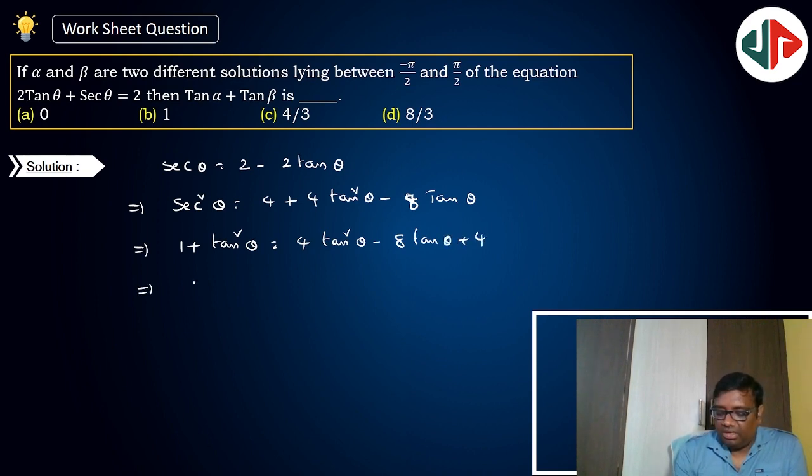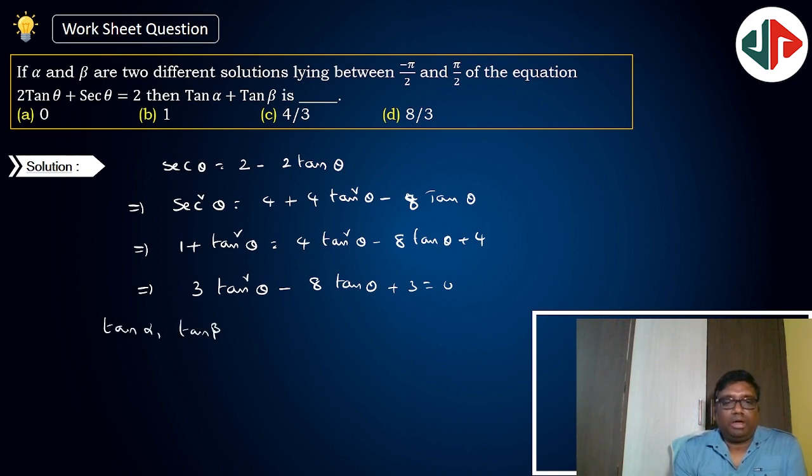If you simplify, it means 3 tan square theta minus 8 tan theta plus 3 is equal to 0. Here alpha and beta are the roots, which means tan alpha and tan beta are the roots of the equation 3 tan square theta minus 8 tan theta plus 3 is equal to 0.